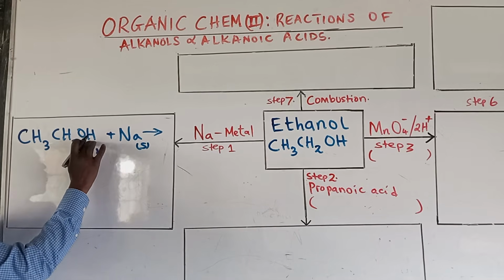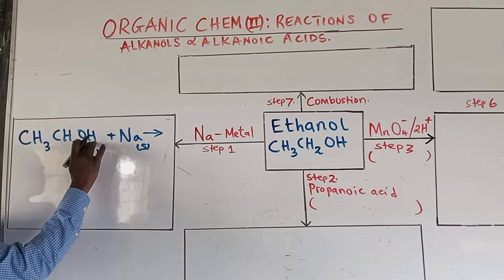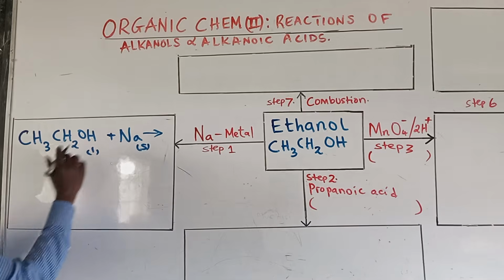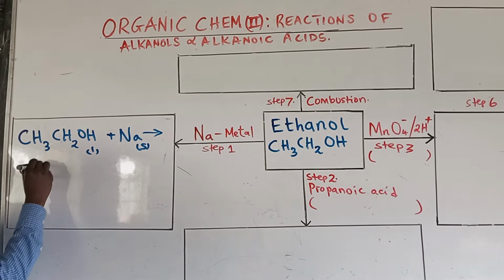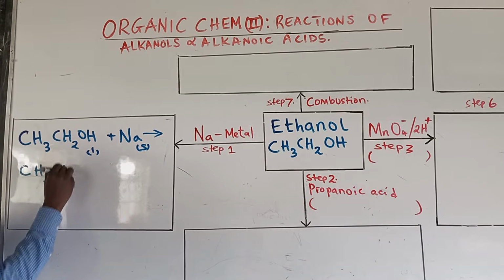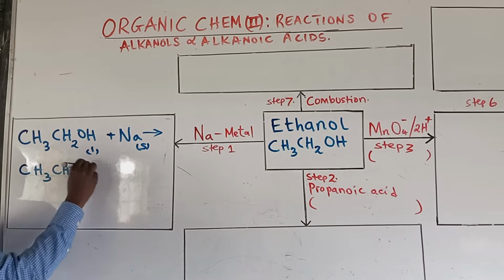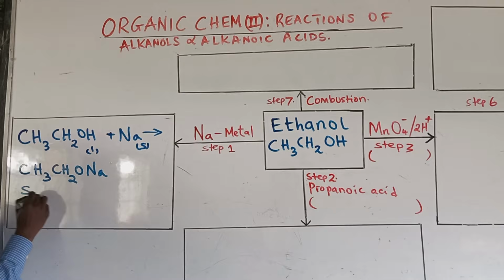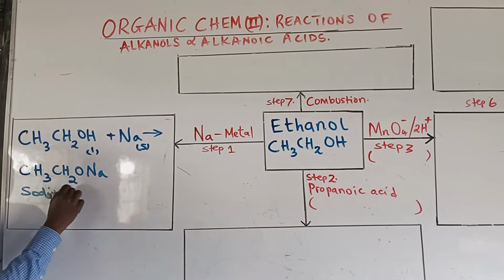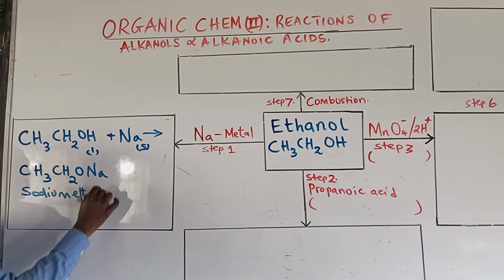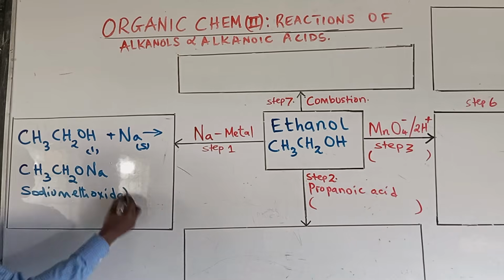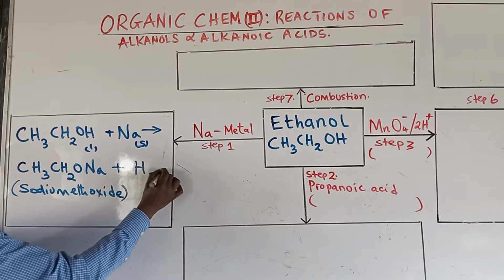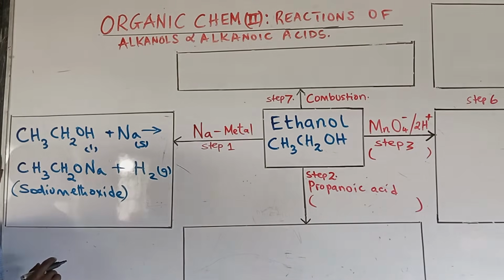It displaces, it is able to remove the hydrogen, breaking this bond, and hydrogen is displaced and sodium comes in there, and that way we form the compound with sodium. That compound with 1 oxygen and a sodium, we call it sodium ethoxide. Sodium ethoxide. That is sodium ethoxide, and the hydrogen atom combines with another one to form hydrogen gas.